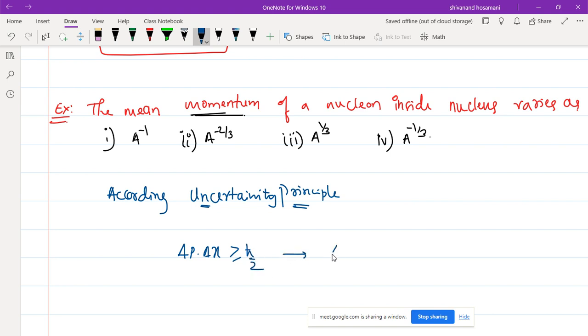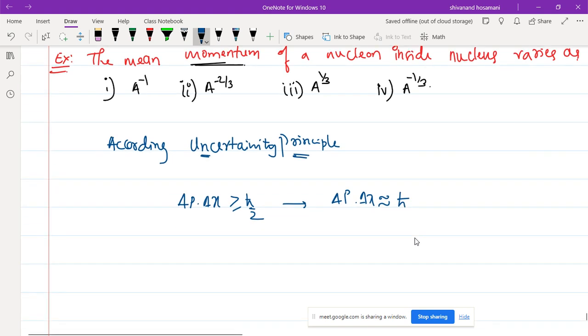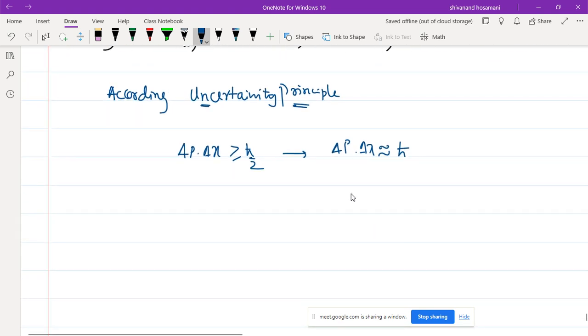Generally we write this as delta p into delta x is nearly equal to h cut. But here, what are delta x and delta p? This is uncertainty in momentum, and this is uncertainty in position.